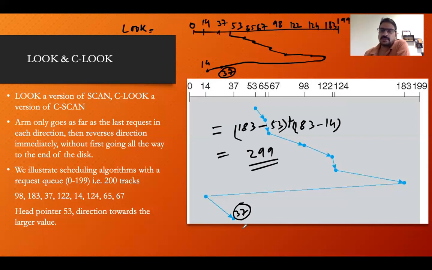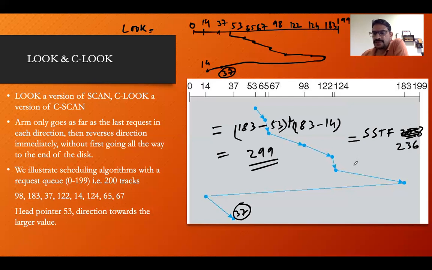If the realistic assumption is taken, then shortest seek time first gives you the optimal result, which is 208. Sorry, it is not 208, it is 236.